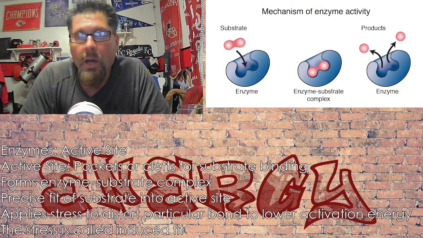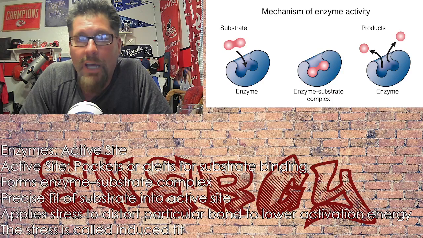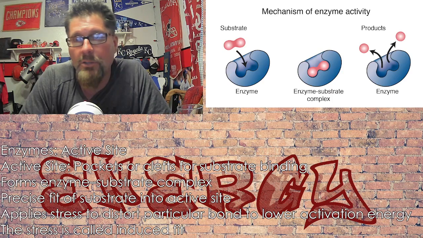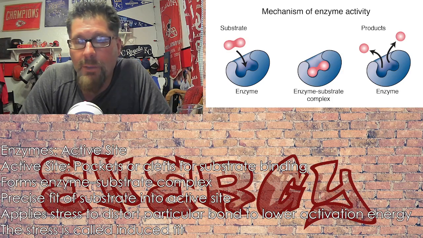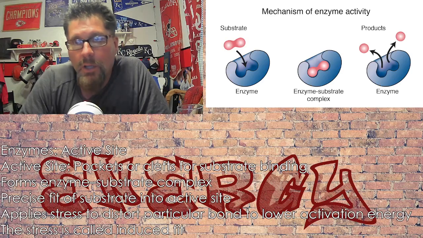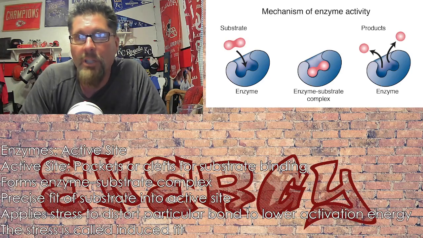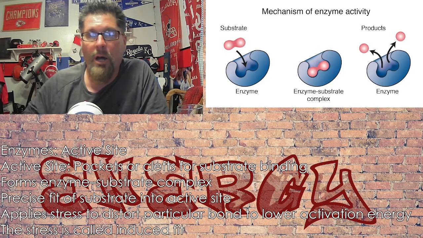So in this picture here, we're going to identify some sites. We've already mentioned the active site. That is simply where the substrate attaches. So in this diagram, the two little blue circles where the substrate is going to set into, that's the active site. In this case, you can see that it's a catabolic pathway, because the end result is to break apart the molecule.